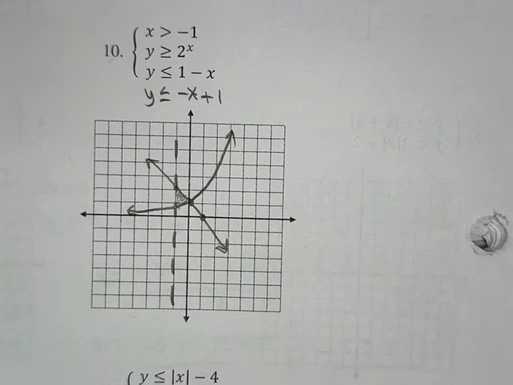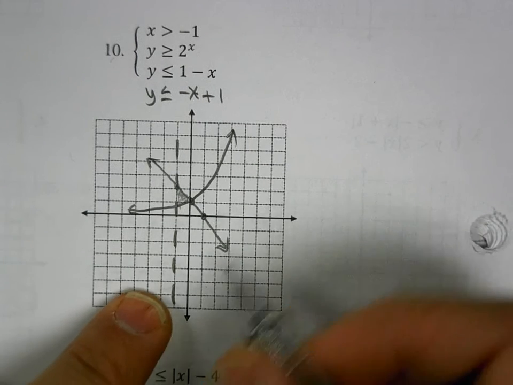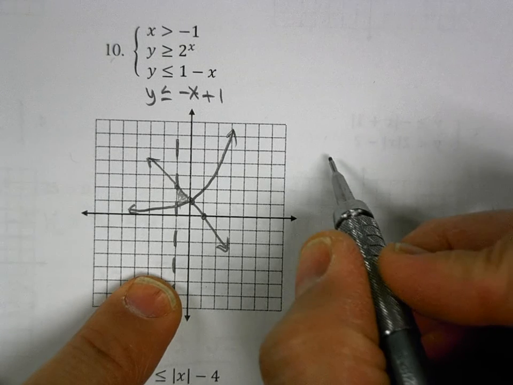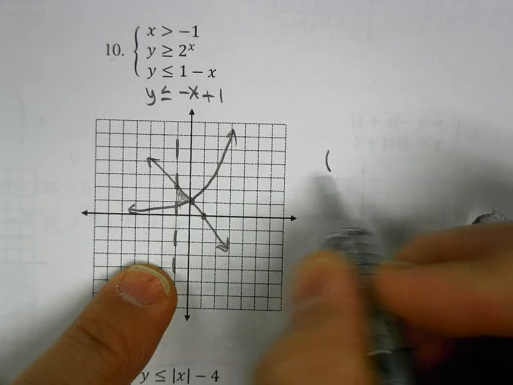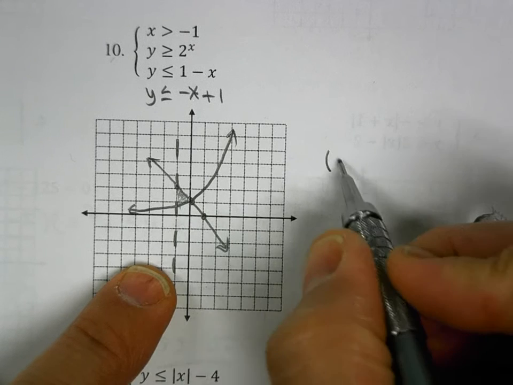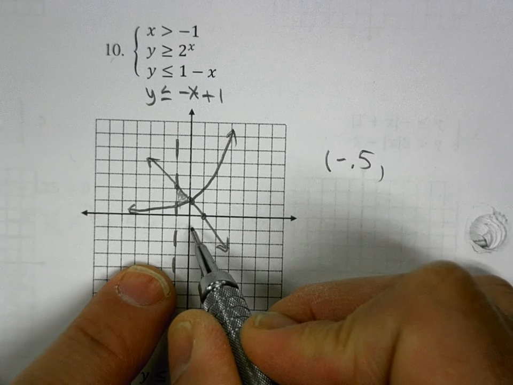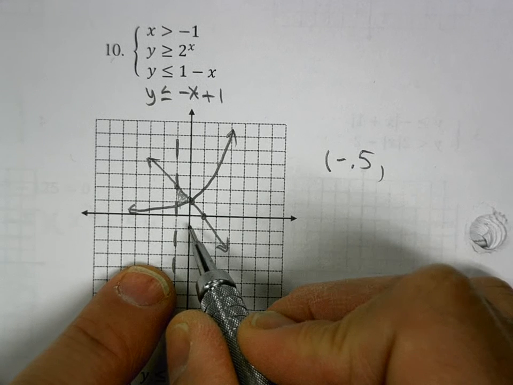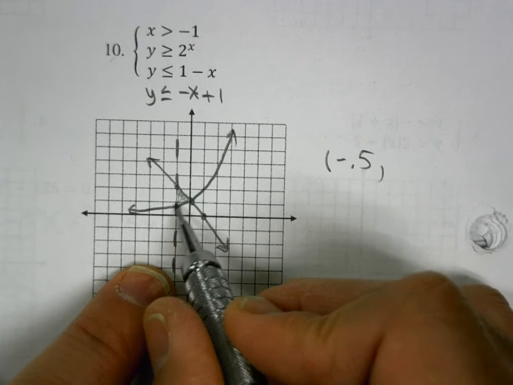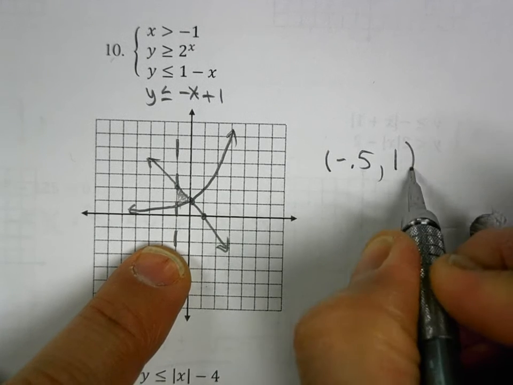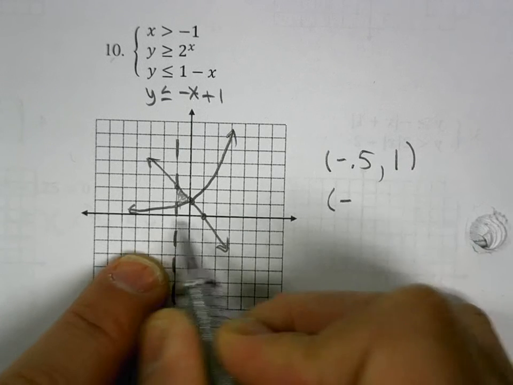Now we've got to pick a point. Or 2. Or 3. We could pick 50,000. Where? Okay, where? -0.5, comma, I would say 1 for sure, because I know that goes down because it starts at 0, 1. -0.5, 1. What's another one? Well, -2, 1. It's not in the shade, though.